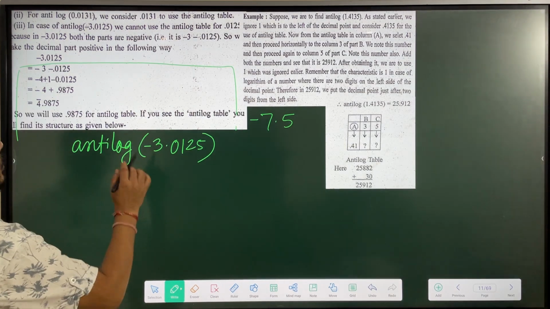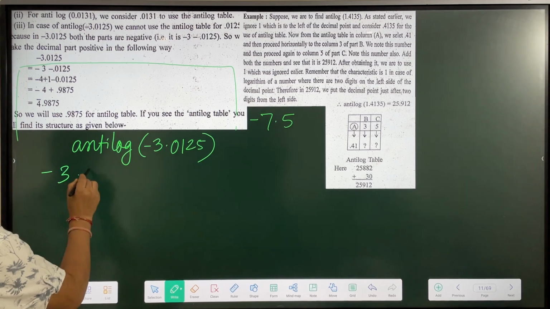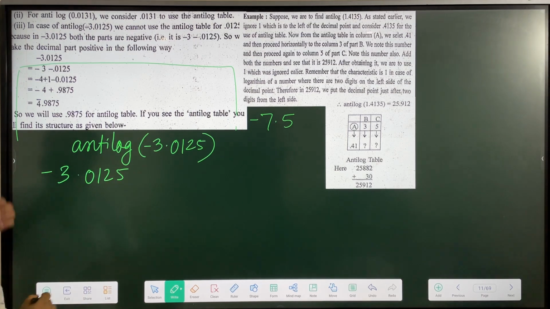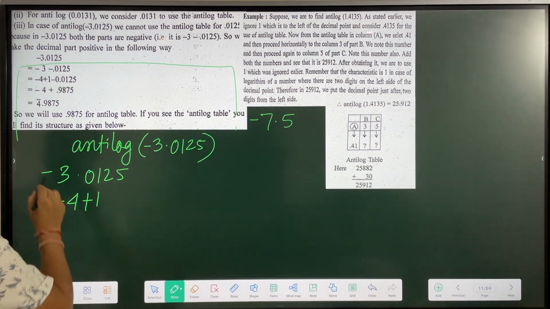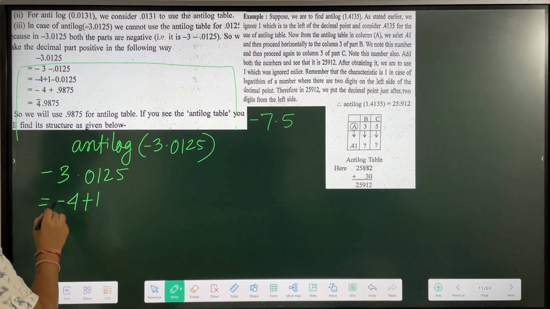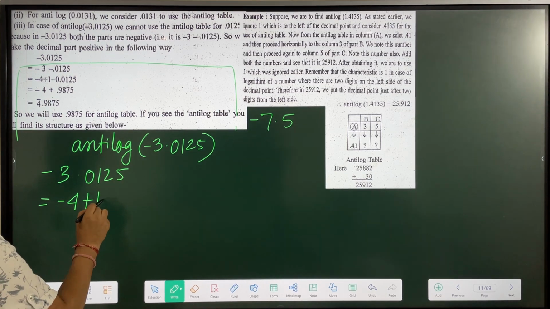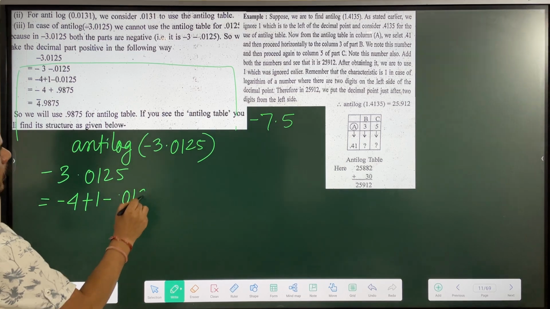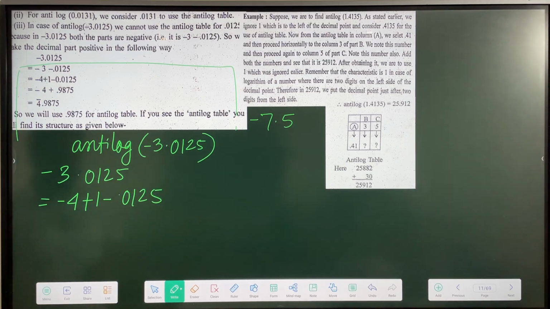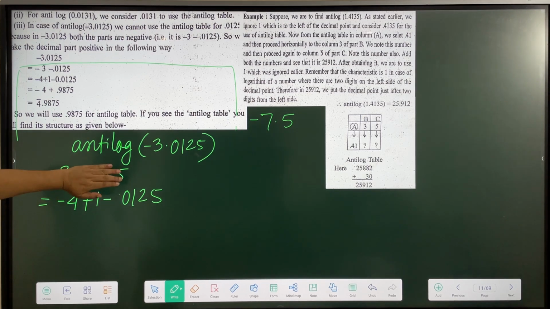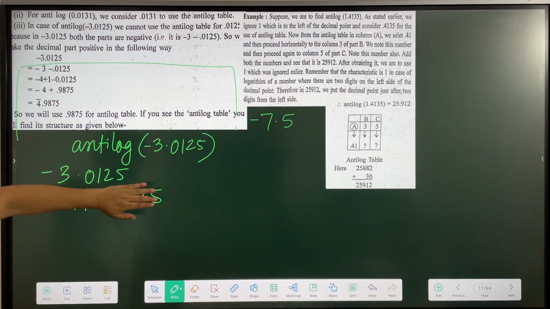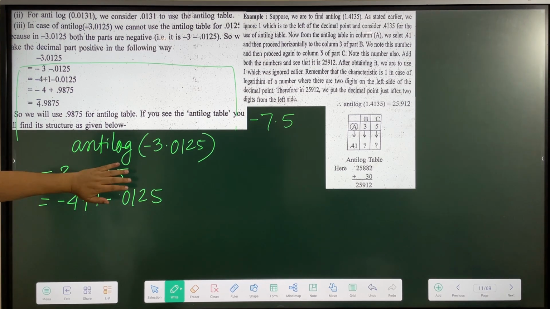So for the antilog of minus 3.0125, we will make it positive now. How can we make it positive? Minus 3 we can write as minus 4 plus 1, minus 0.0125. The meaning is the same. Minus 4 plus 1 is minus 3, and this 0.0125 is also negative, so as a whole it is a negative number.